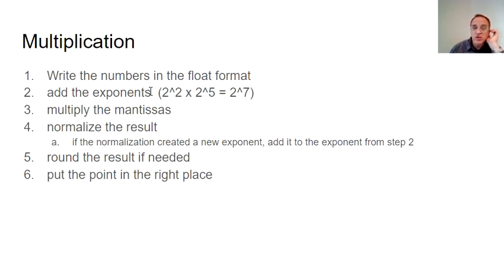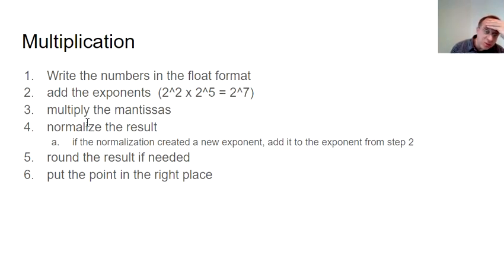The exponent is 2 to the whatever. For example, it could be some number times 2 squared, times some number times 2 to the 5th. Whenever you have exponents of the same base, you can simply add the exponents. So 2 squared times 2 to the 5th is 2 to the 7th. 5 plus 2 is 7.